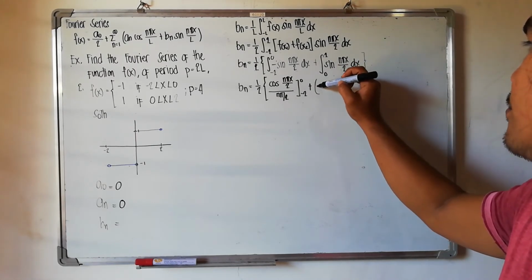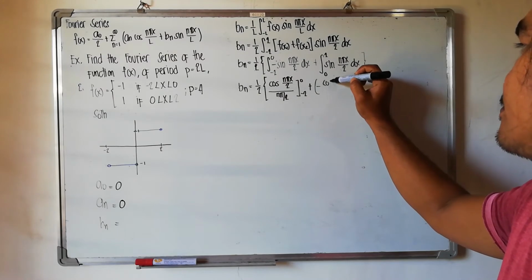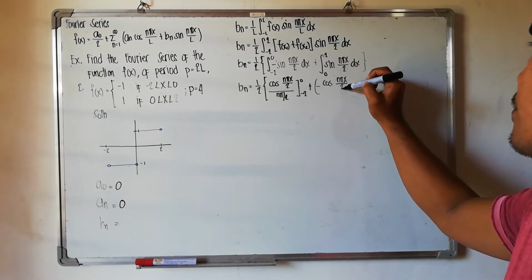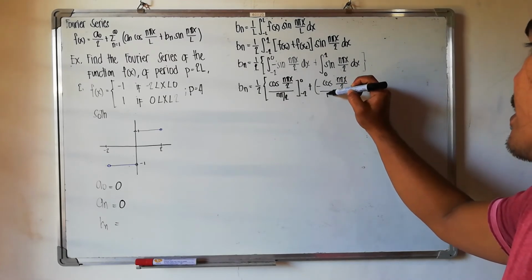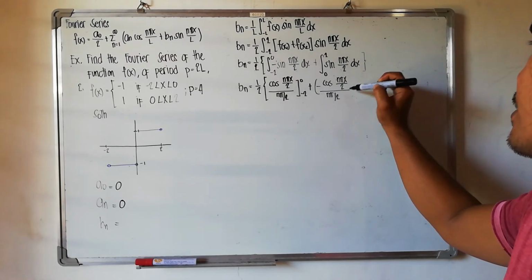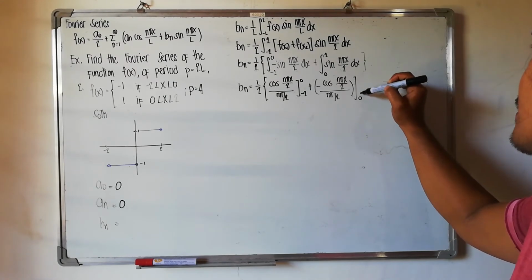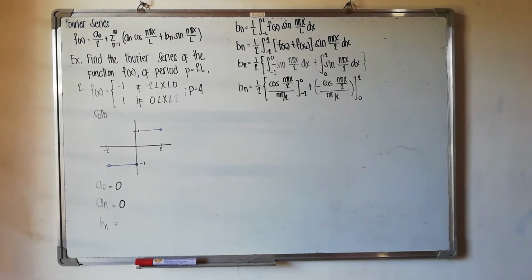This will be negative cosine n pi x over 2 divided by n pi over 2. Limits of 0 to 2.